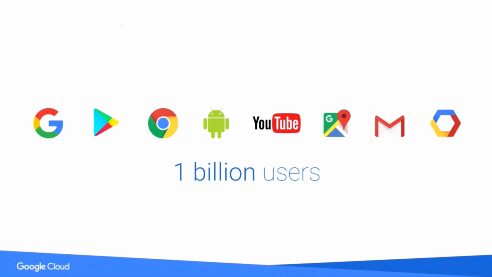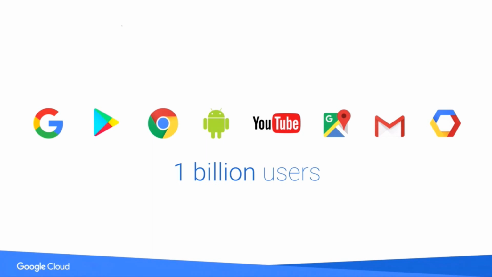Some of those logos are familiar to you, like Android. In fact, Android has about 2 billion active users on the platform. On YouTube, about 1 billion hours of YouTube video is being streamed down by the users every day. And we have to have scale for all of these businesses and products to be successful.